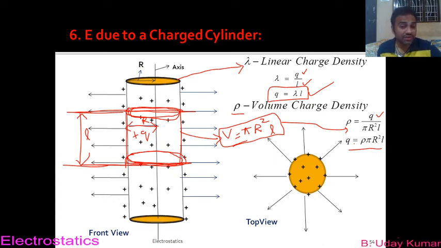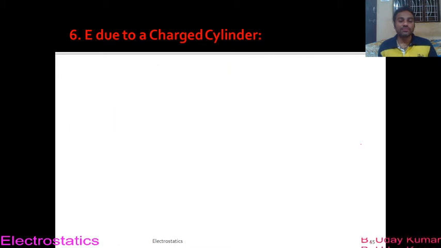Third, since it is linear charge distribution, we can derive the electric field intensity in terms of lambda, and since it is volume charge distribution, we can derive the electric field intensity in terms of rho. And the relation between Q and lambda and Q and rho, we discussed in this slide. Now let us move to the derivation of the electric field intensity due to a charged cylinder.